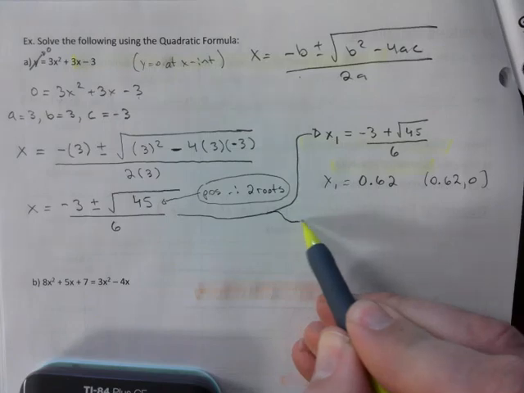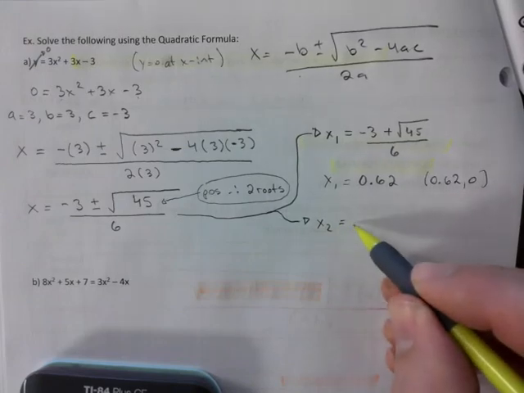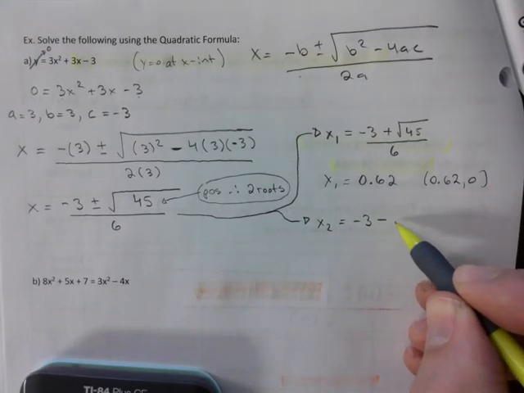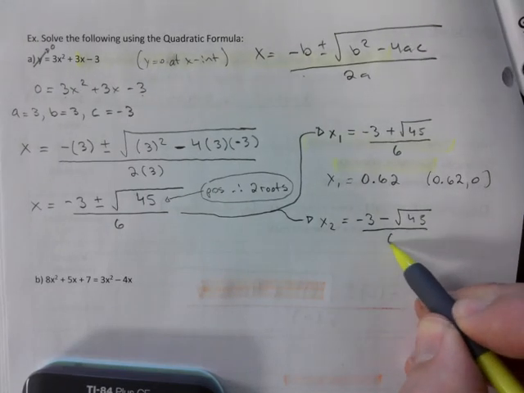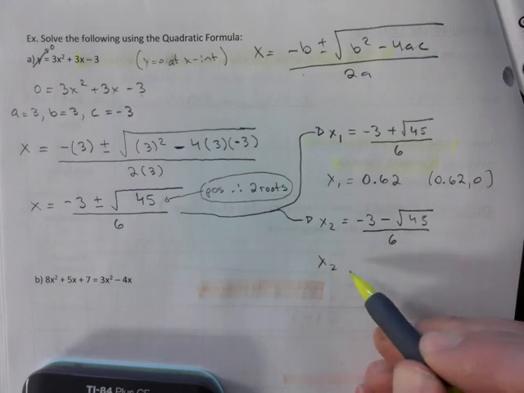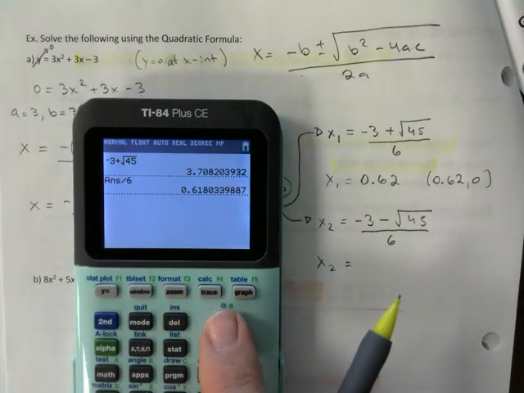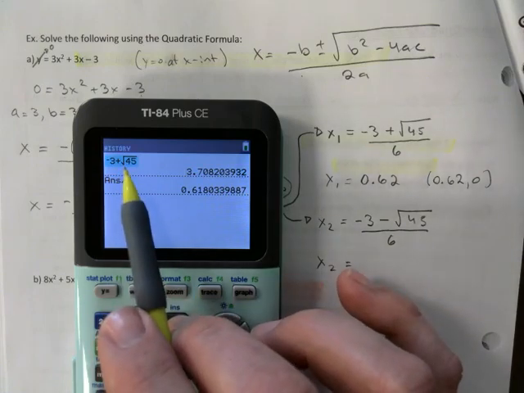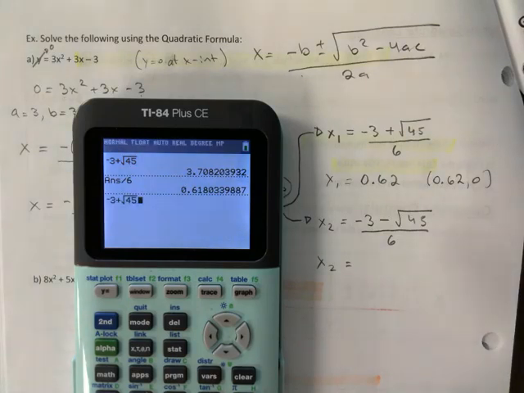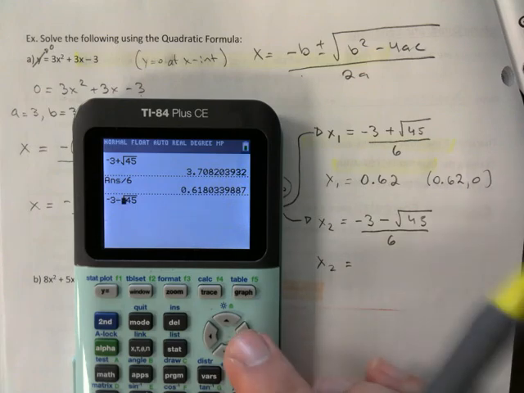And then the second root is going to be x2, and that's negative 3 minus root of 45 over 6. And your calculators allow you to copy and paste. So if you want to do it that way, I just go up to the previous entry, I hit enter, copy that expression down, and I just change the plus to a minus.